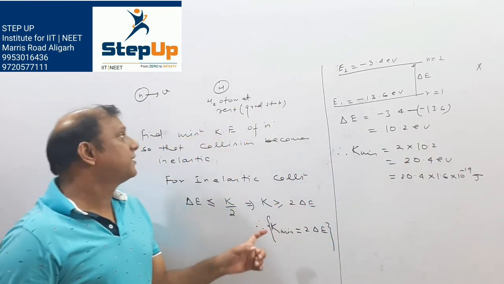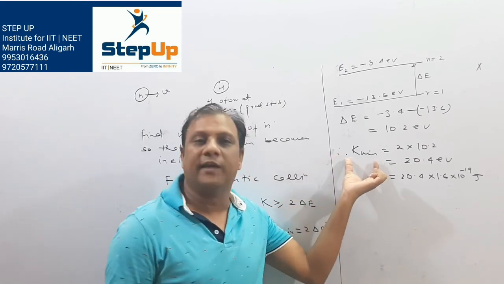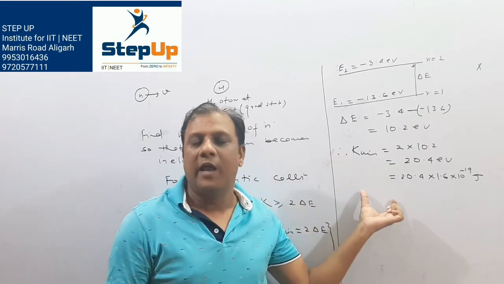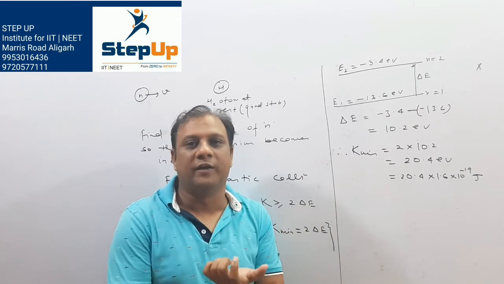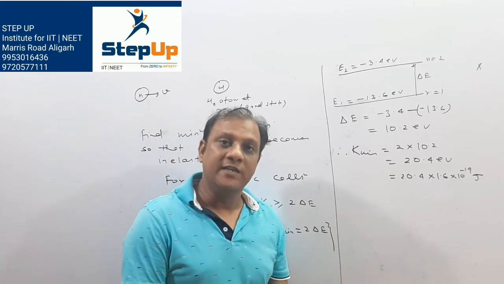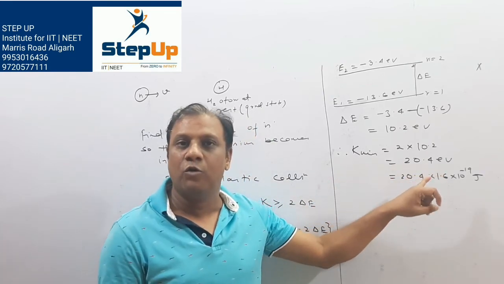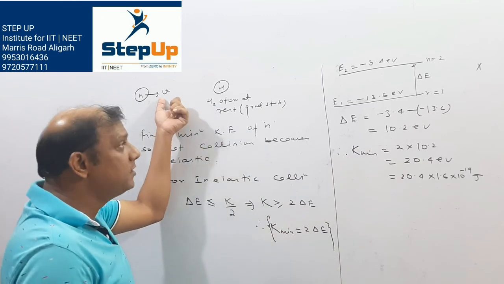If the question says find the minimum speed, then equate this kinetic energy to half m v square, where m is the mass of the hydrogen atom, which is approximately 1.67 into 10 to the power minus 27 kg. So you may find the minimum kinetic energy in electron volt or joule, and then you will find the speed.